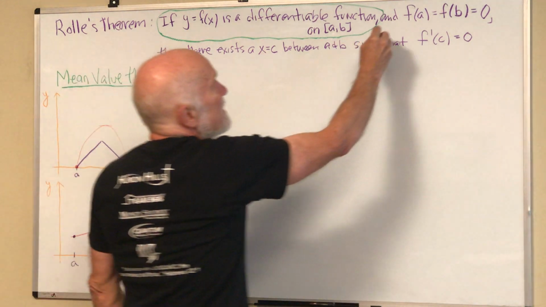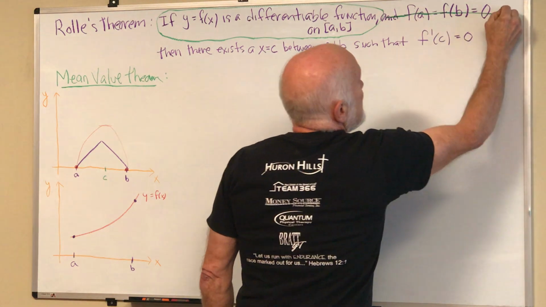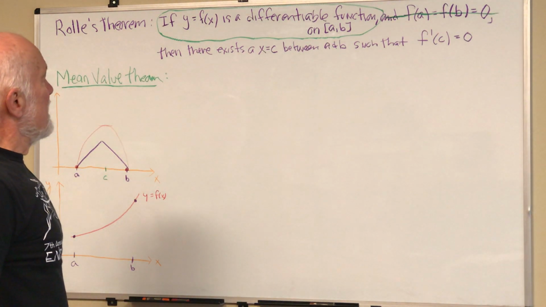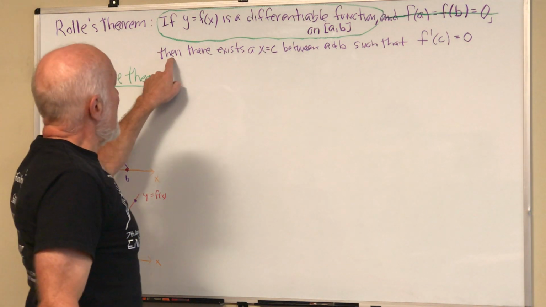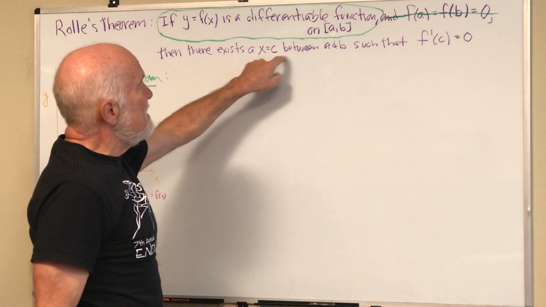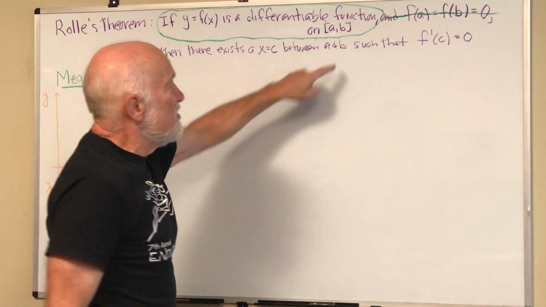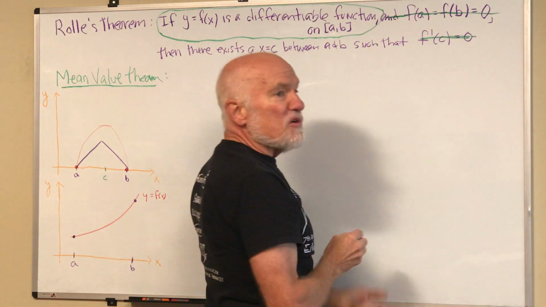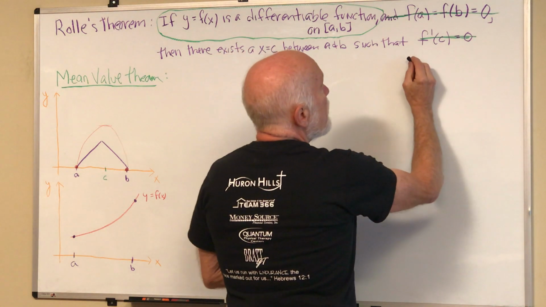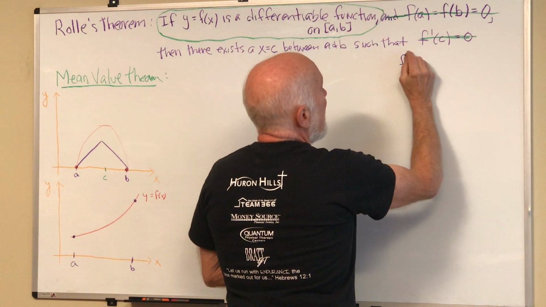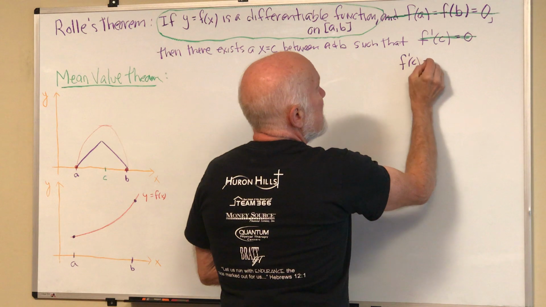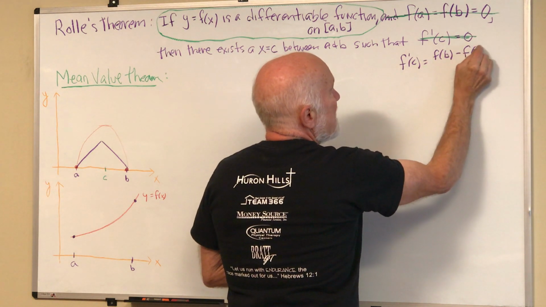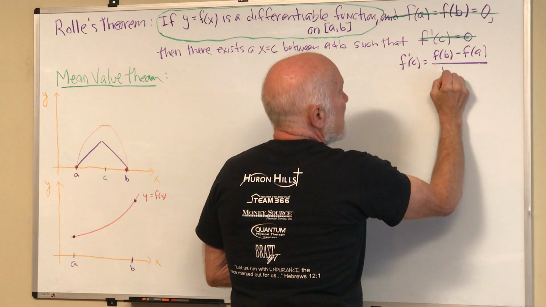But this time, we're not going to insist that f of a and f of b equals 0. Then we're going to say there exists a value of c between a and b such that f prime of c, but now instead of saying it's 0, we're going to say f prime of c equals f of b minus f of a over b minus a.